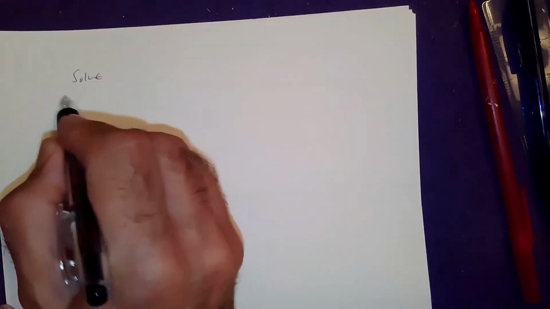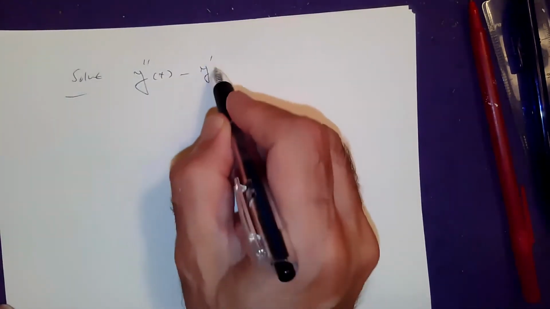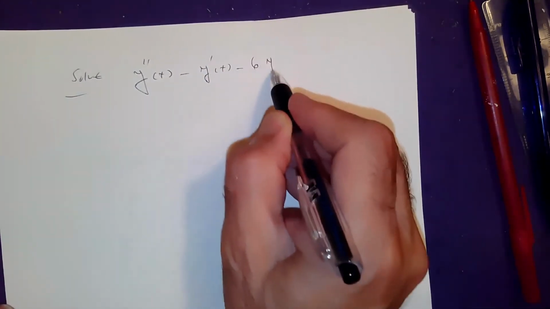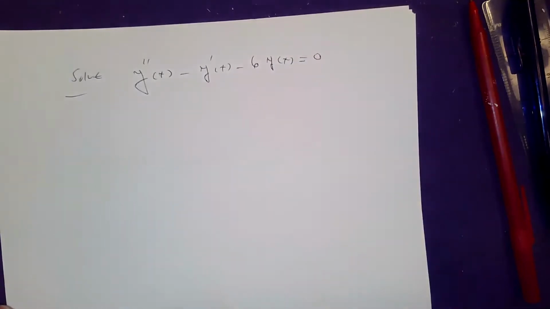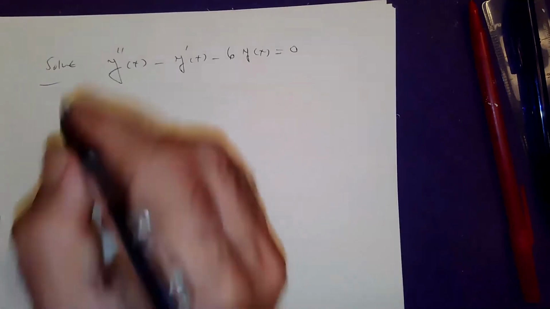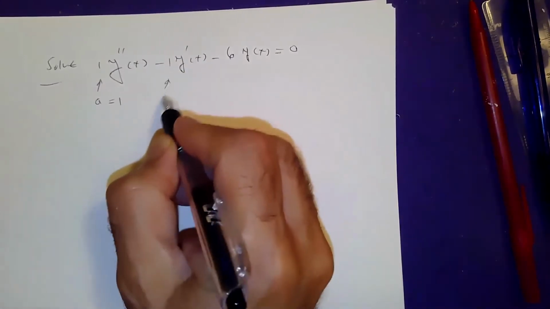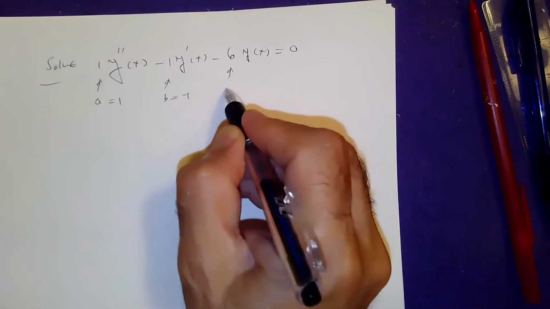Can I do one example quickly so we can go home? Here it is, a very simple equation. Solve y double prime minus y prime minus 6y equals 0. Remember, this is your a, this is your b, and this is your c.